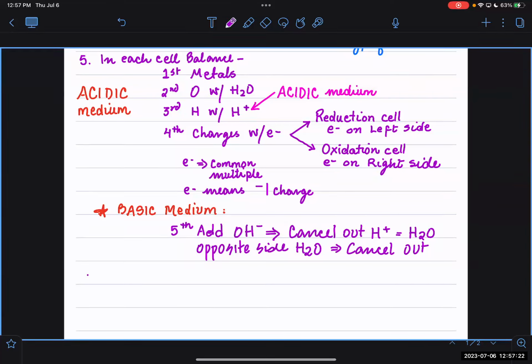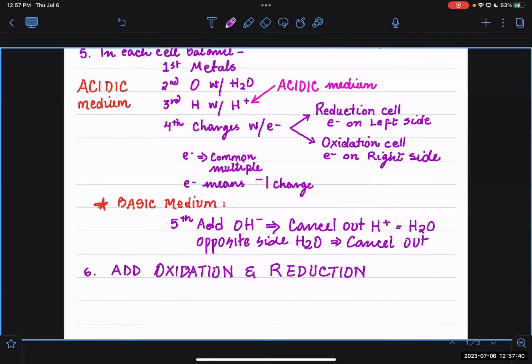Last, you are going to add the oxidation and reduction cells. Now, when you add, what happens?